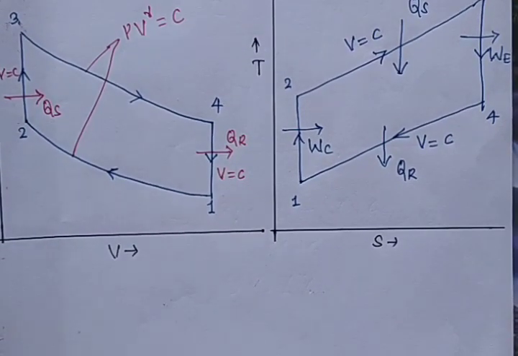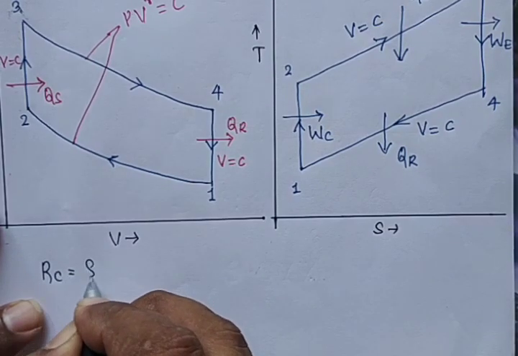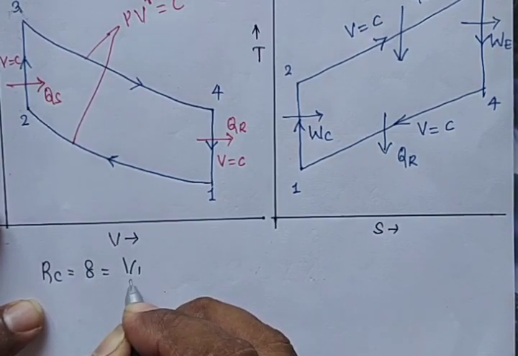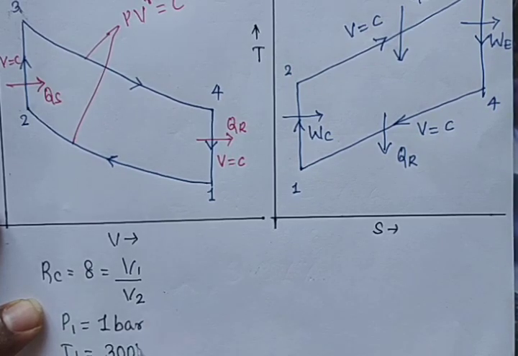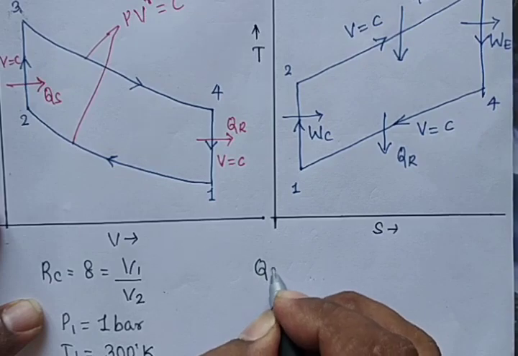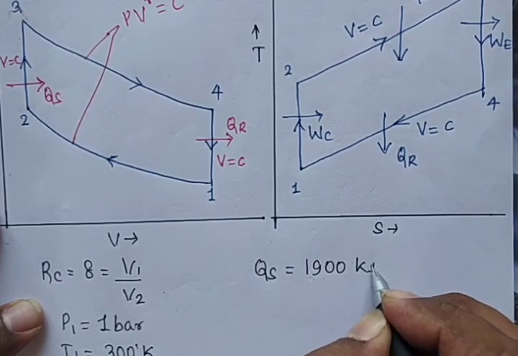Now after drawing the PV and TS diagram, let us write what are the things given in the problem. So he has given us the compression ratio, that is rC equal to 8, that is V1 by V2. Then pressure P1, initial pressure is given as 1 bar. Initial temperature is given as 300 Kelvin. Then heat added, that is heat supplied, is given, that is 1900 kilojoules per kg.